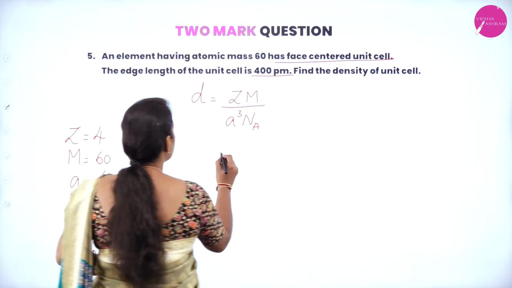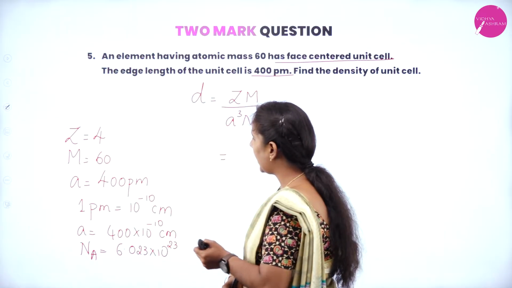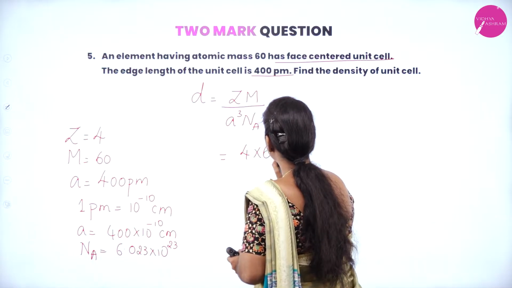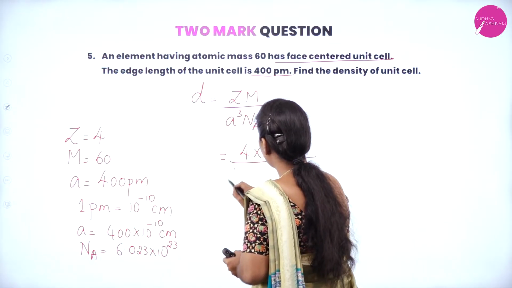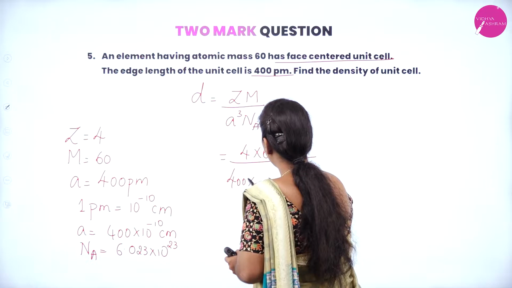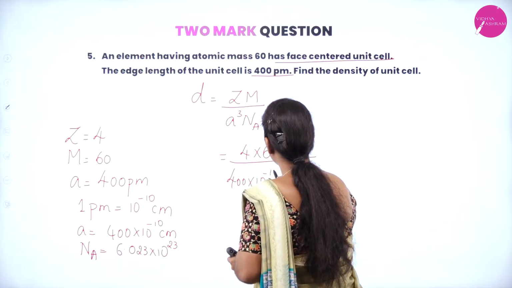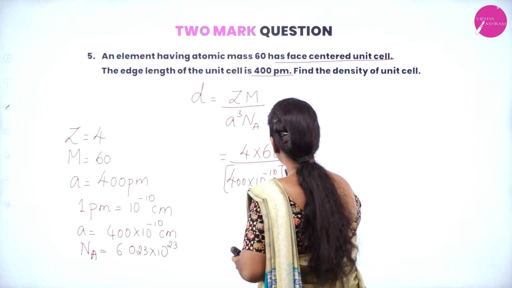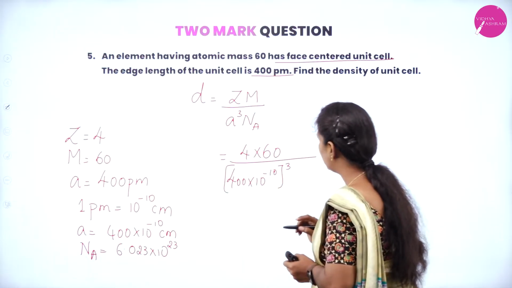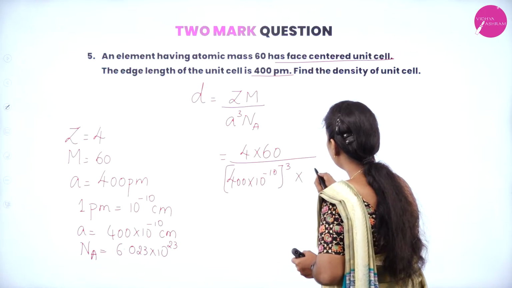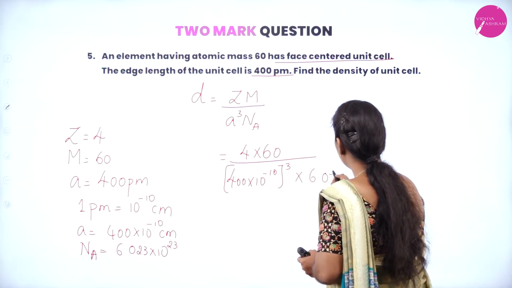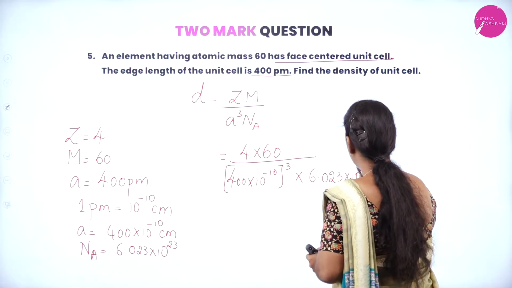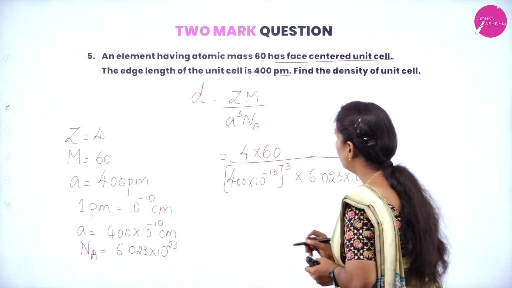Correct, no? Now you substitute the values in the above formula, that is 4 into 60 divided by 400 into 10 to the power of minus 10 into whole cube, because it is a cube. Okay, into 6.023 into 10 to the power of 23 atoms per mole.